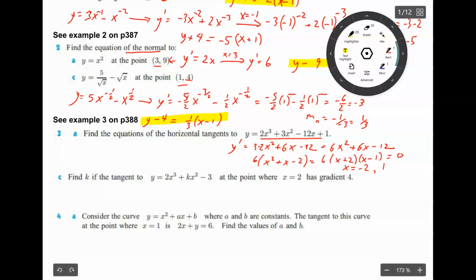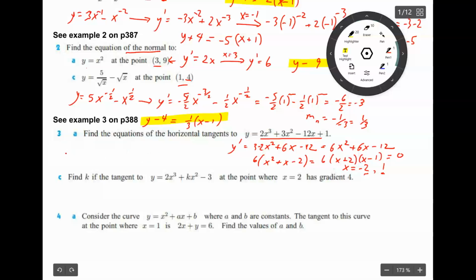So remember, a horizontal line has the equation y equals something, right? So once we figure out the y values that correspond to these two x values, that's our horizontal line equation, okay? Because if we have two specific solution points, we know that all we need to do is draw horizontal lines through those points because those are the tangent lines at those points.